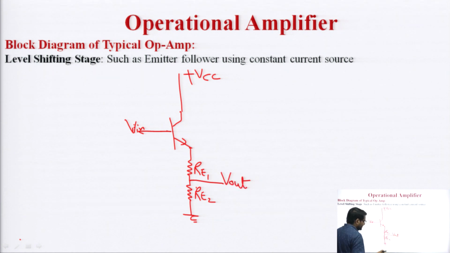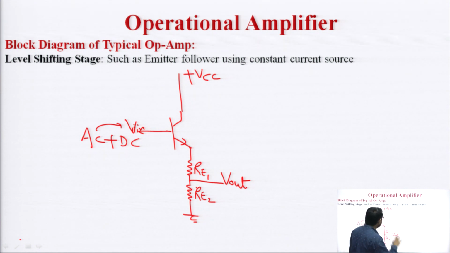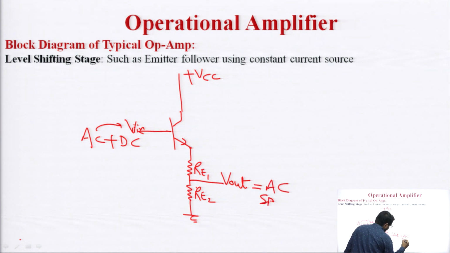So, V in is the output of our second stage, that is the intermediate stage, which contains two parts, that is AC plus DC. Both signals are applied at the input of the level shifting stage, and we get at the output V out only the AC signal, not the DC.